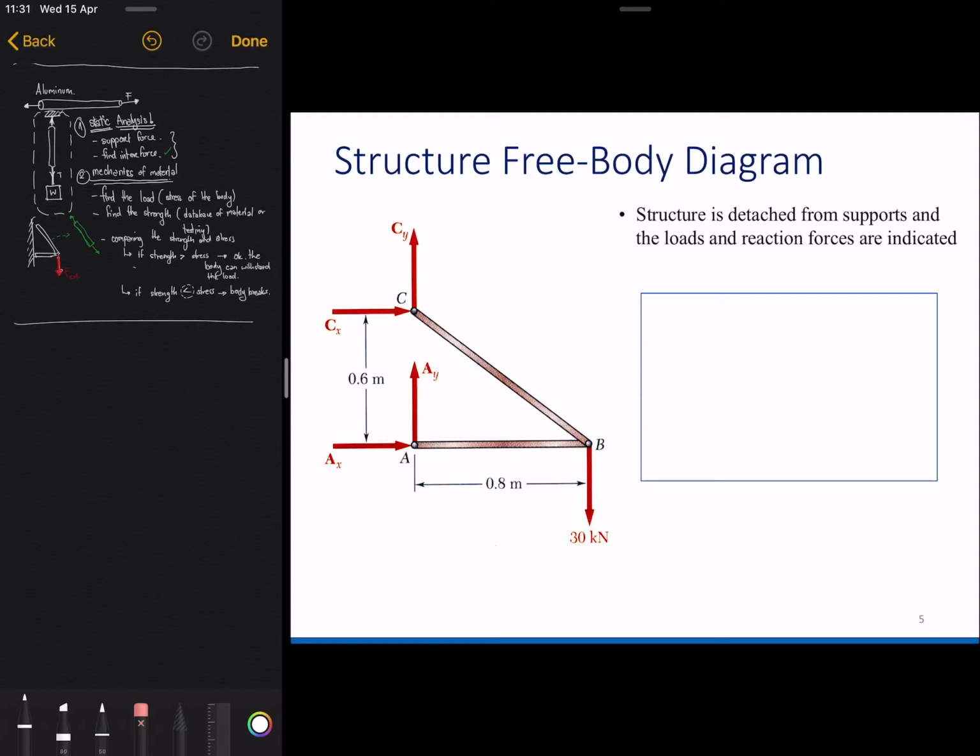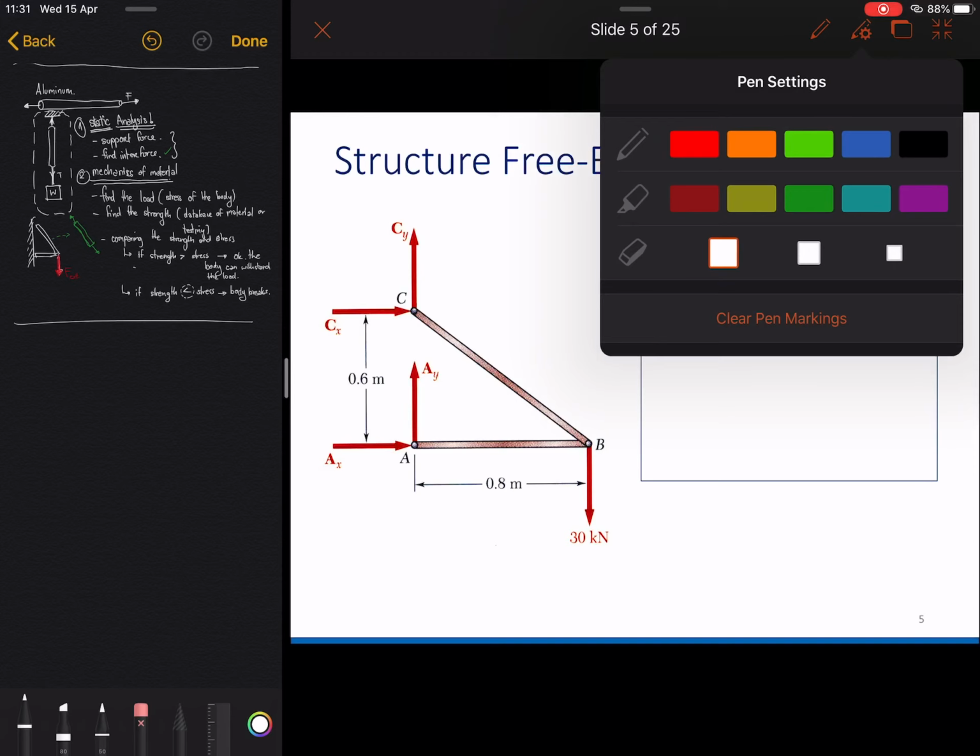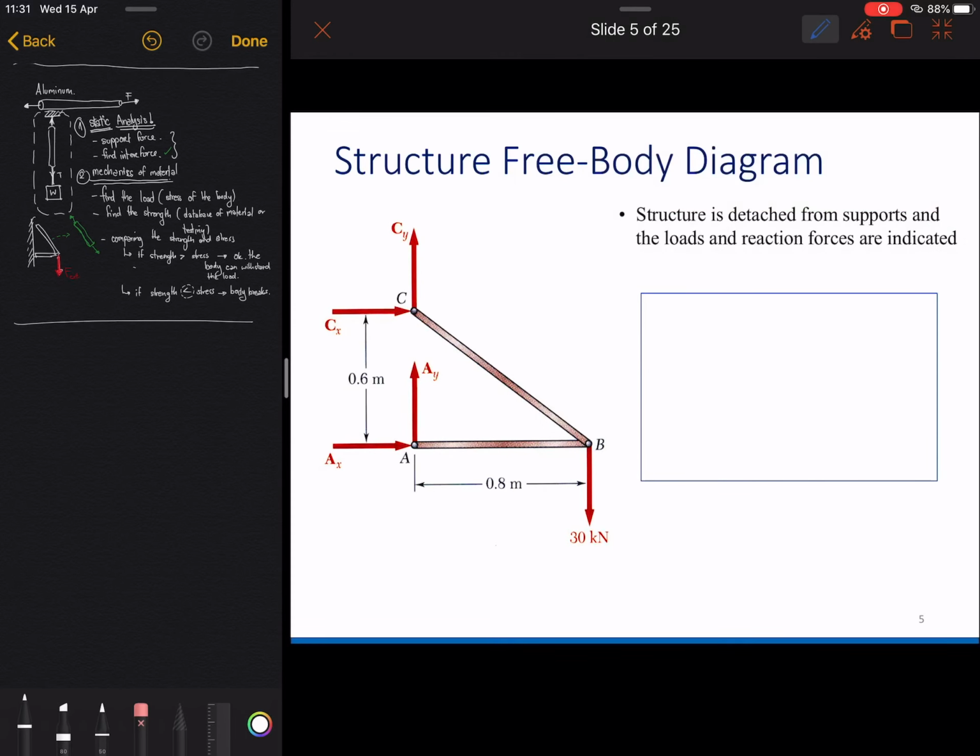So, do you remember how to do this? This is what we have learned in static in the very first class. So first we have to define the load, the support force, okay? And I will shade it blue.